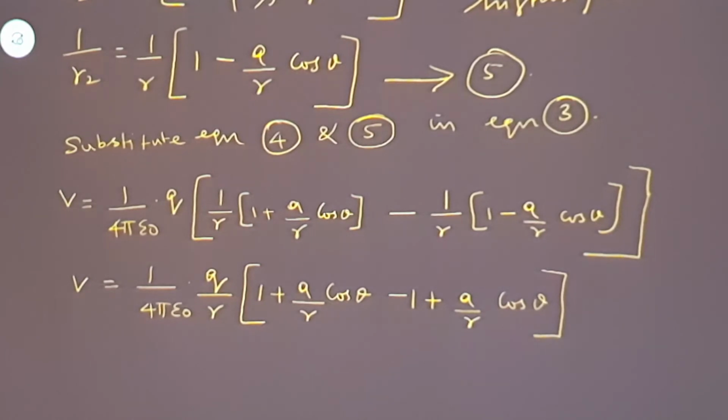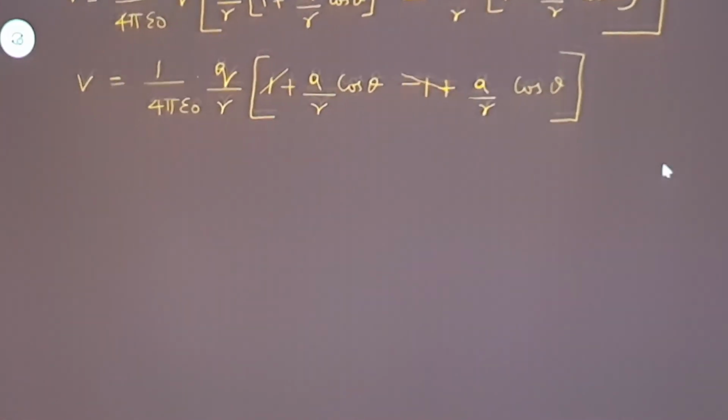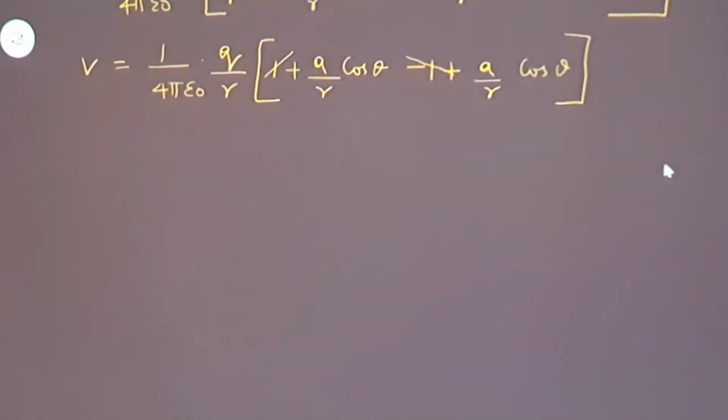Now simplify this. See, here you are having the plus 1, here you are having minus 1, that will get cancelled. So add the remaining. What will be the answer?